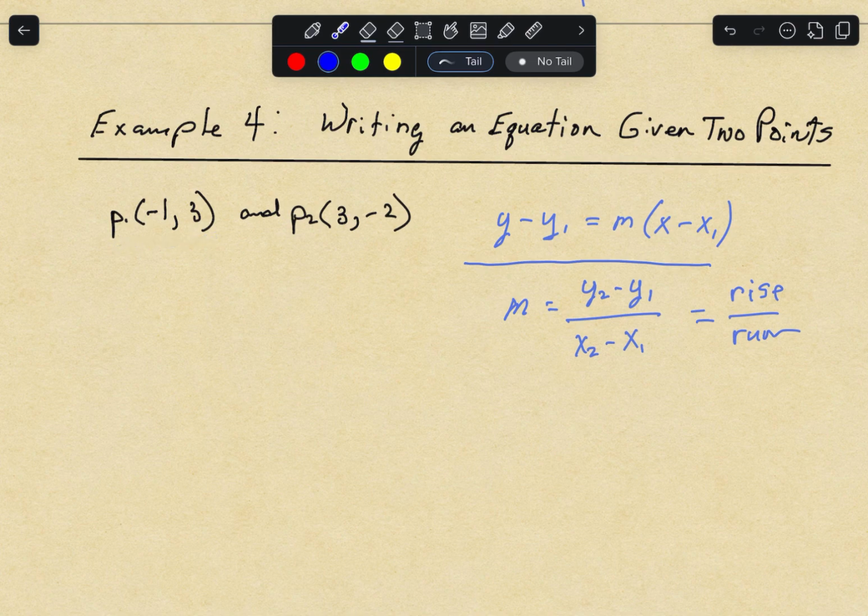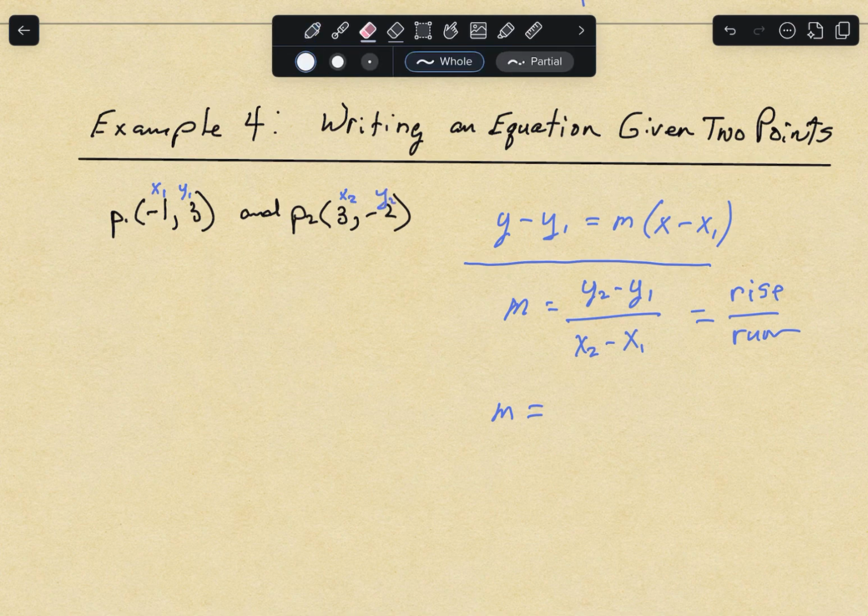So that'll give us the slope. Now the slope is going to be m equals, now we'll take y sub 2. This is your x sub 1, y sub 1, x sub 2, y sub 2. This is a good way to do it.